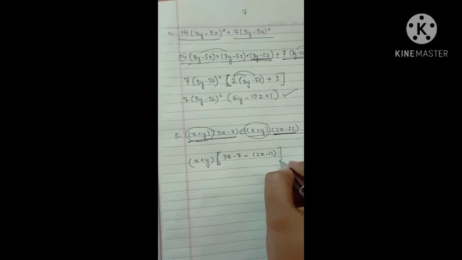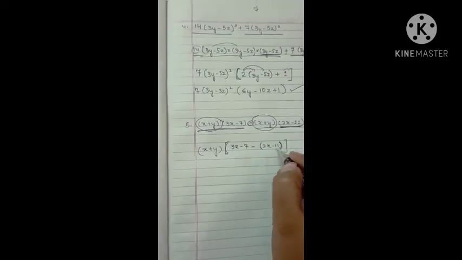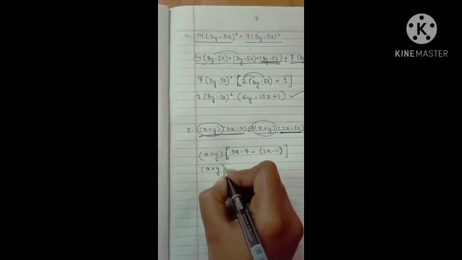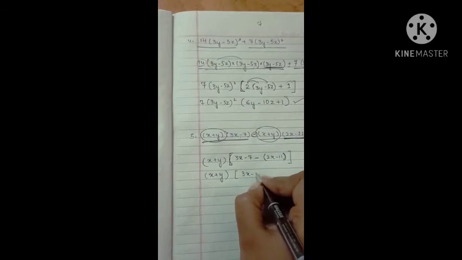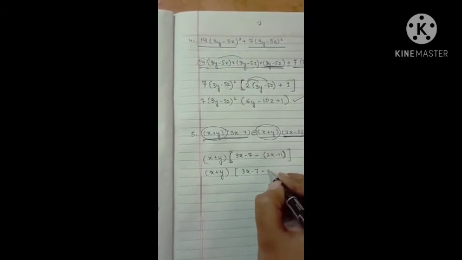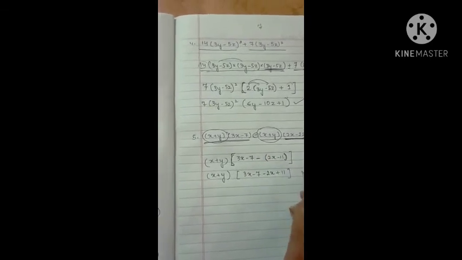Now square bracket close. Now when we open this small bracket, what happens? The sign changes. See, x plus y, 3x minus 7. This minus sign gets multiplied here. So here you get minus 2x, then minus minus plus 11. So you will get this.